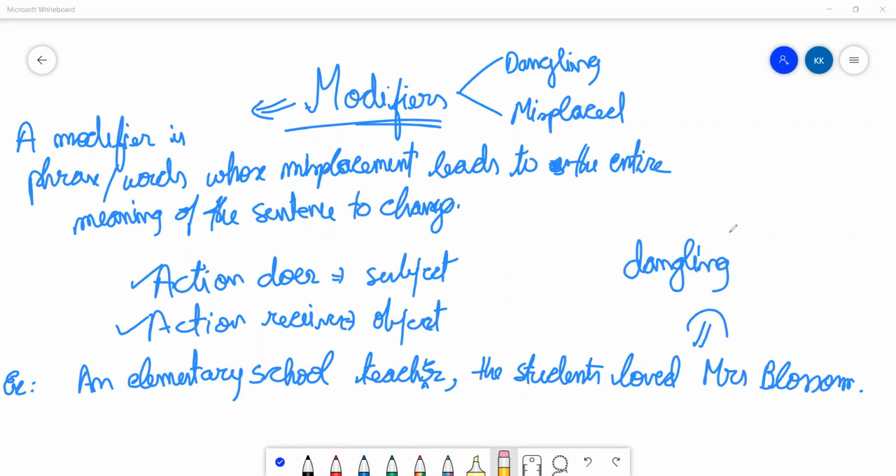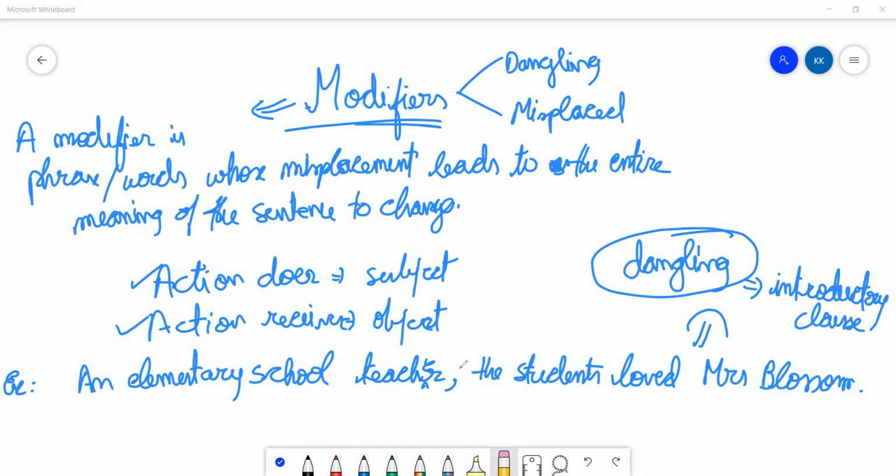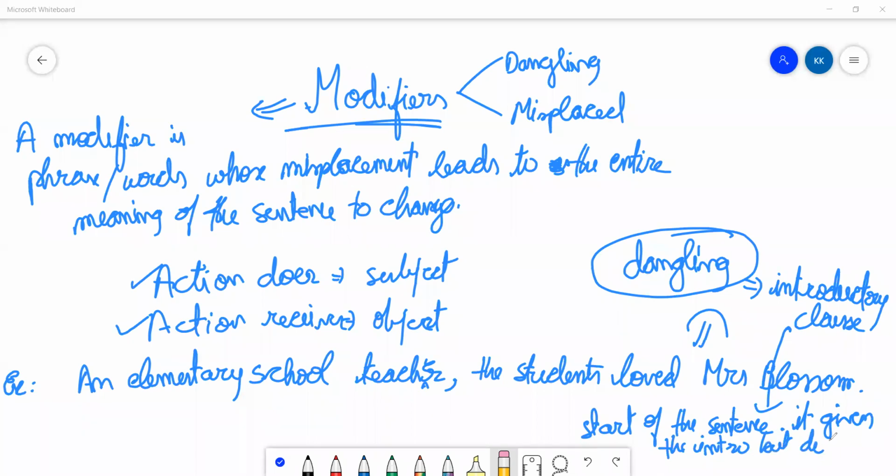Now, how do you identify if a sentence is a dangling modifier? You have something called an introductory clause. What is an introductory clause? It is present at the start of the sentence. It gives an introduction but does not name the subject.